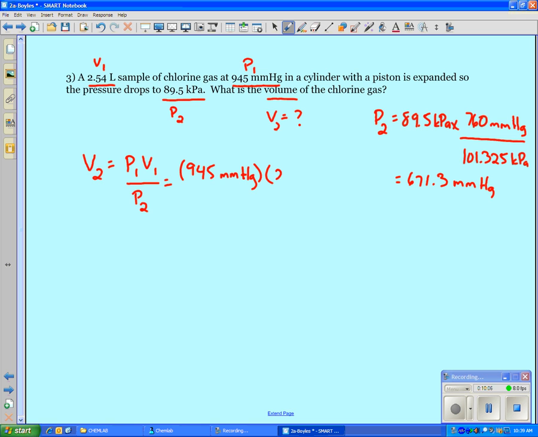Volume 1 is 2.54 liters. And divide by our new pressure 2, that's in millimeters of mercury. And our answer, which will come out to liters, is 3.58 when we do 3 significant digits to match the question.